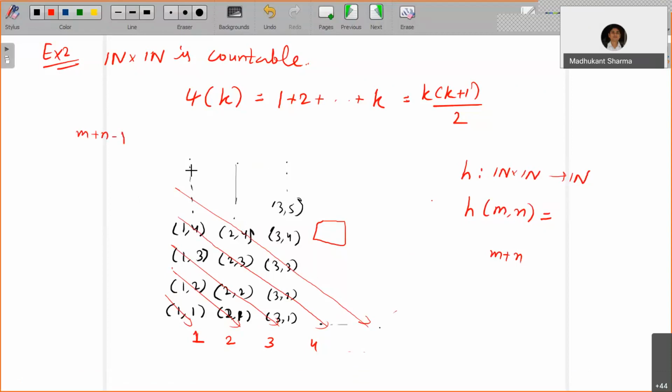Right? Now go ahead with it. m comma n will be one of the entries of this diagonal, whose sum is m plus n. So before it, we count psi of m plus n minus 2, that is, all the entries of the previous diagonals, up to the diagonal number m plus n minus 2.